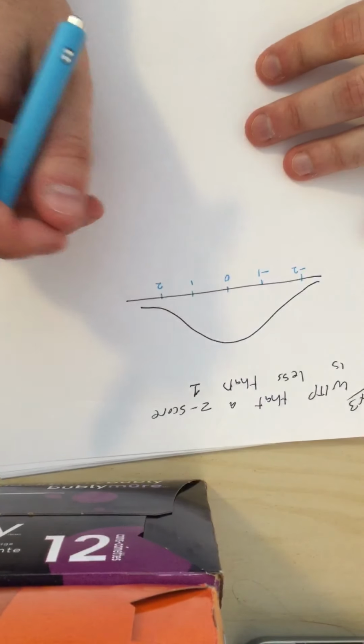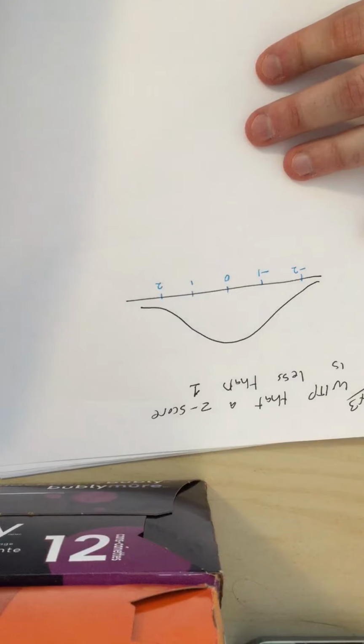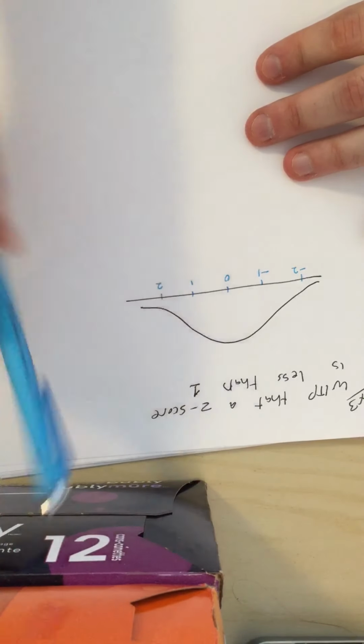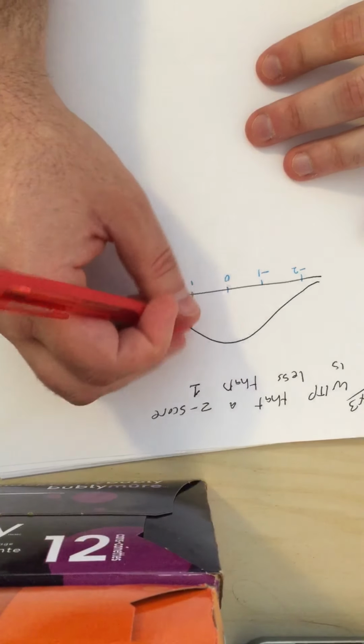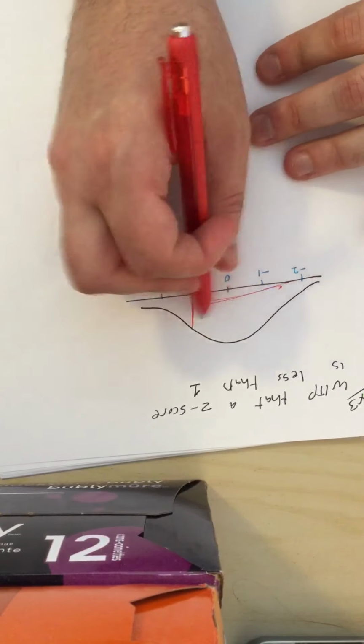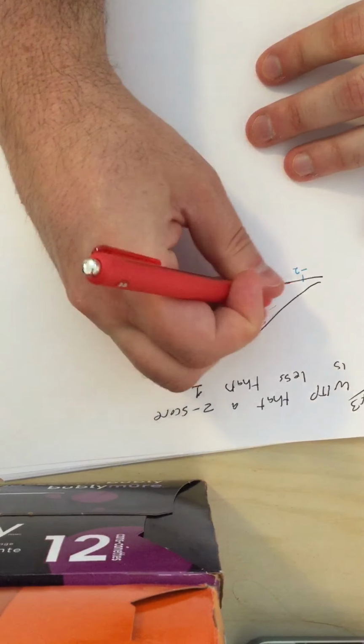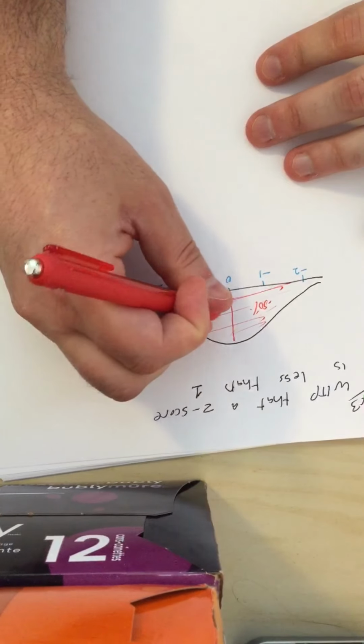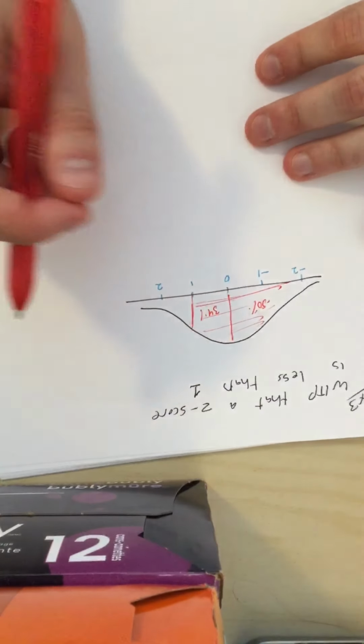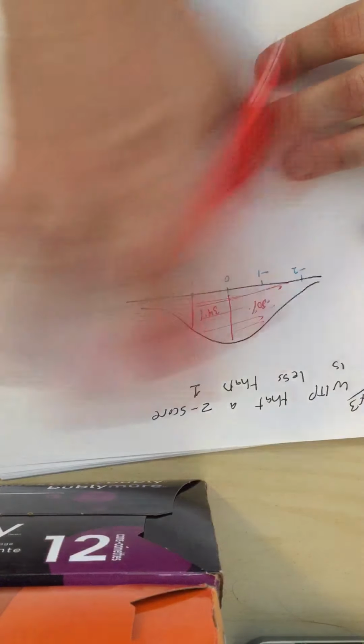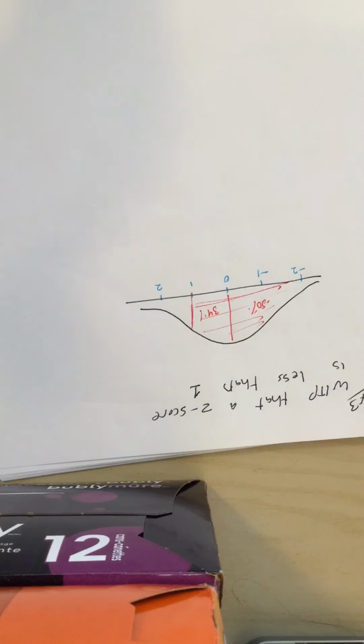So if I want to know the probability of having a z-score of less than 1, we've already done that. This was 50% and this was 34%, so it's 84%. And notice we didn't have to know the x value, the standard deviation, or the mean. It was all incorporated into the z-score.